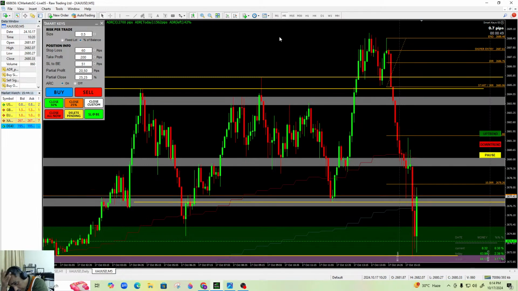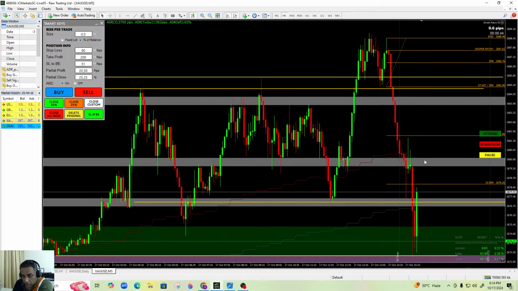We are pushing up. Once the 5-minute closes above this support, we should continue higher.